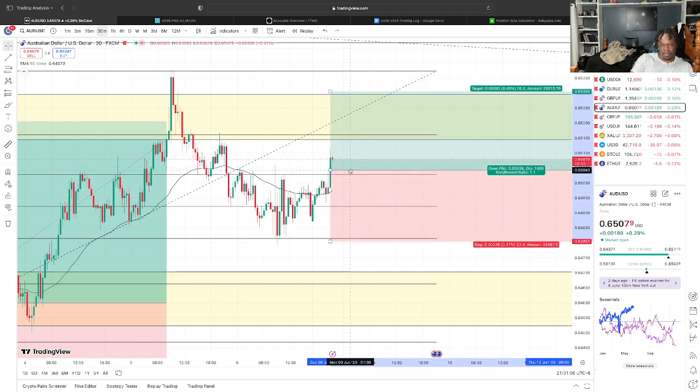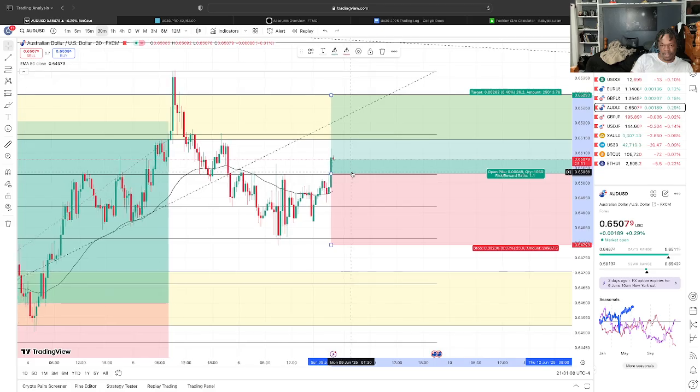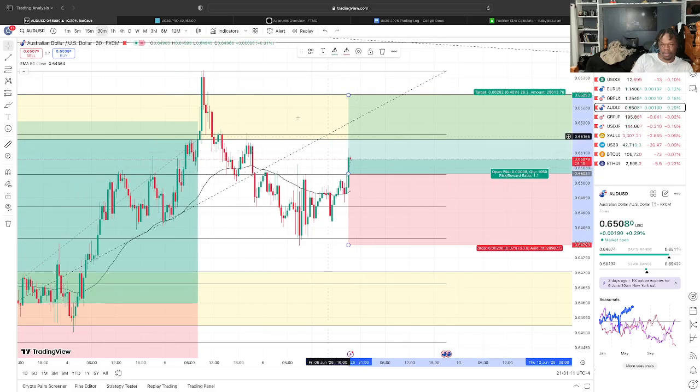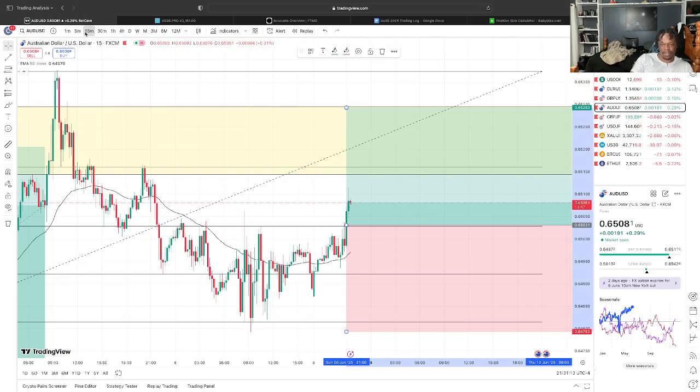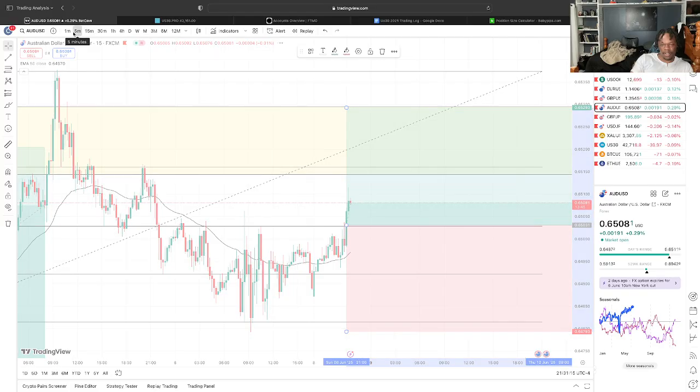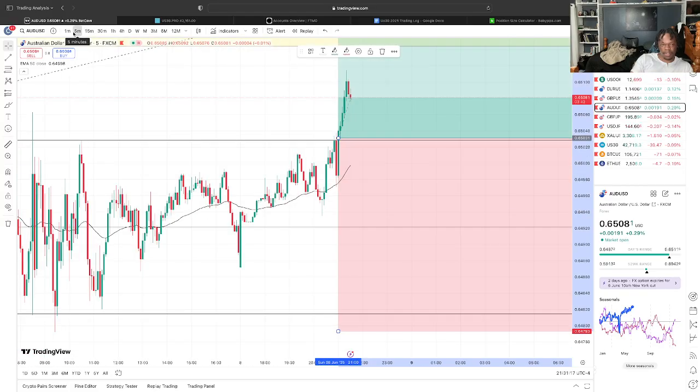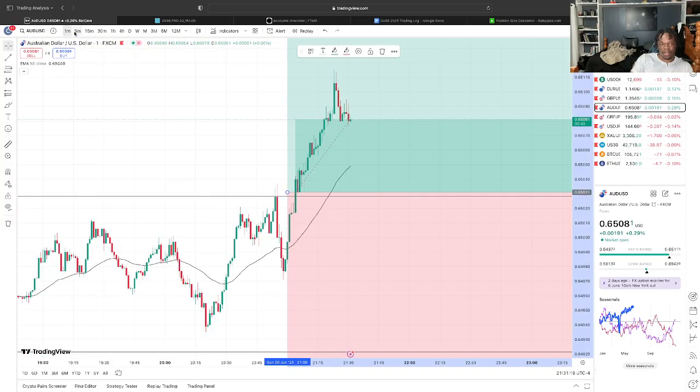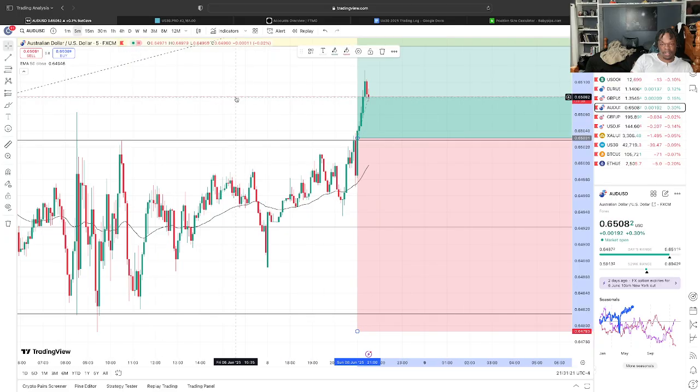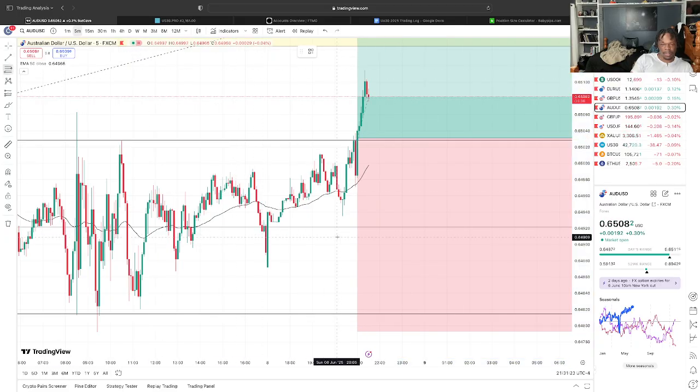I would possibly wait for price action. If it's going to go bullish right now, bearish right now, I'd wait for price action to go bearish before placing my entry. As you can see here, price action is currently bearish.